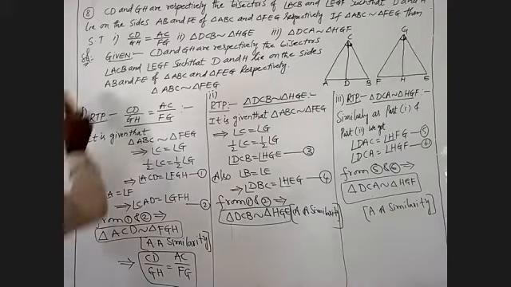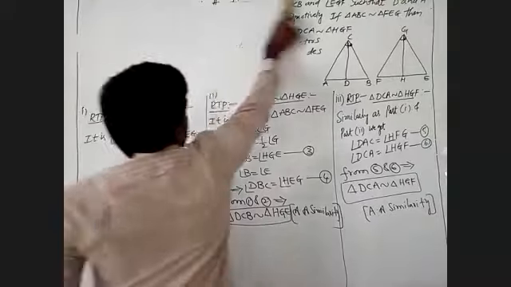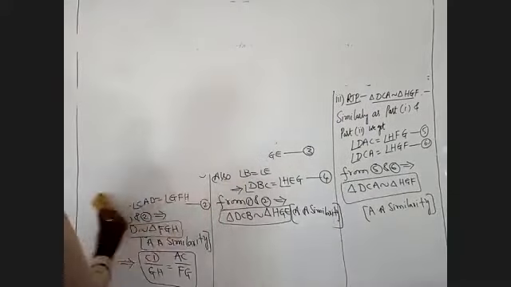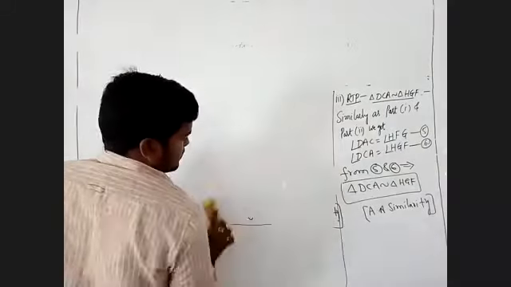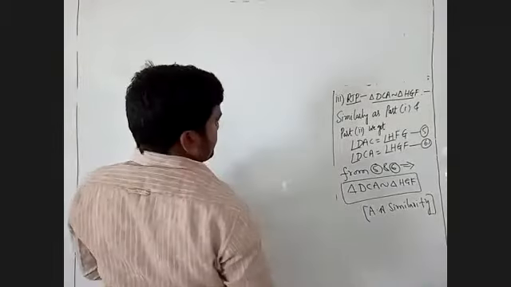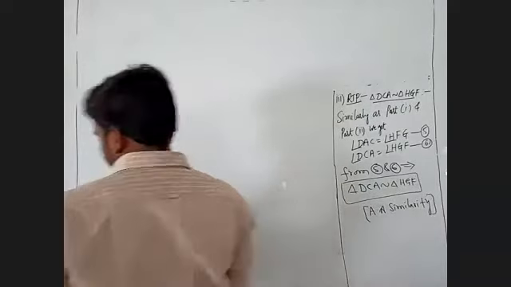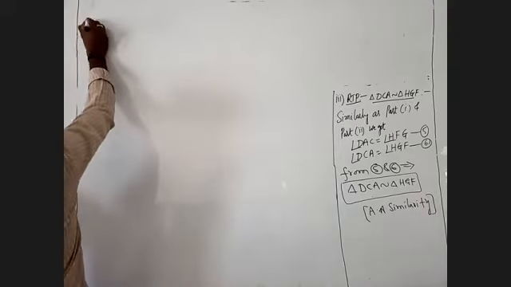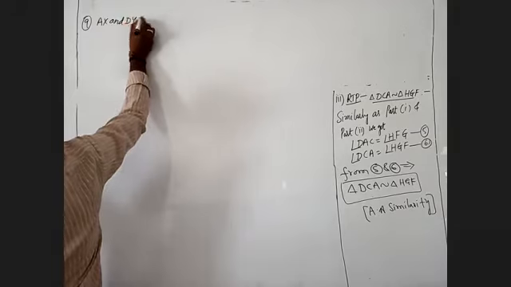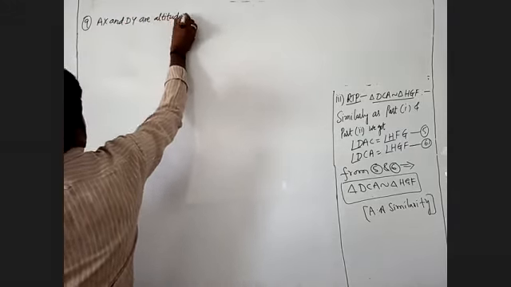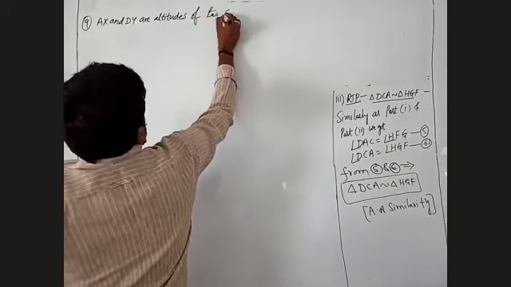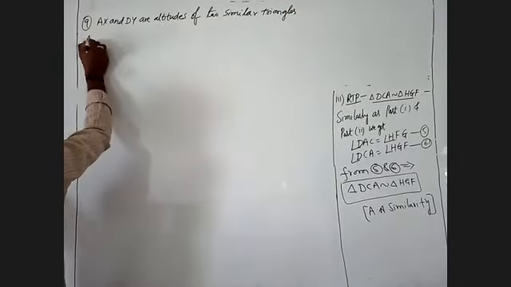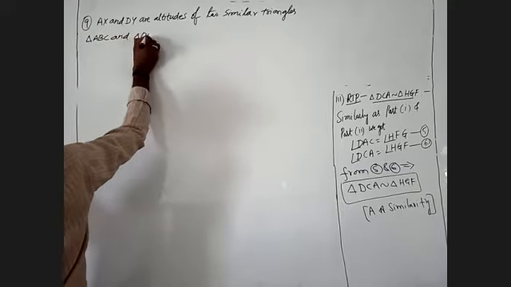Now I am going to the next one. AX and DY are altitudes of two similar triangles, triangle ABC and triangle DEF.